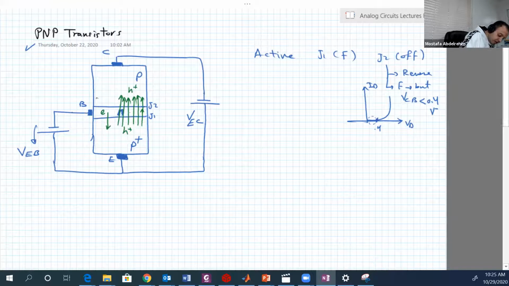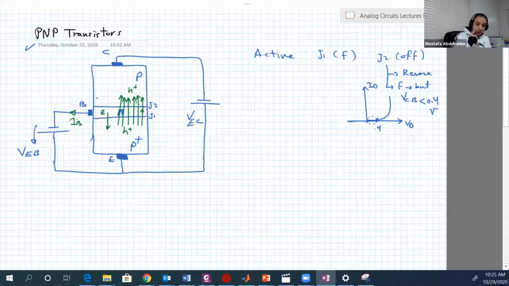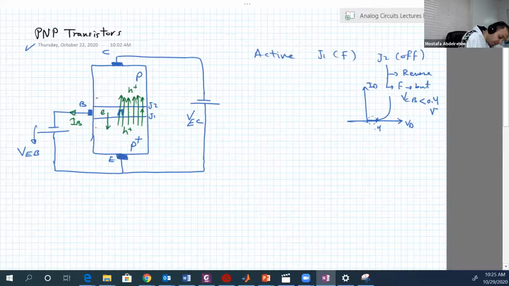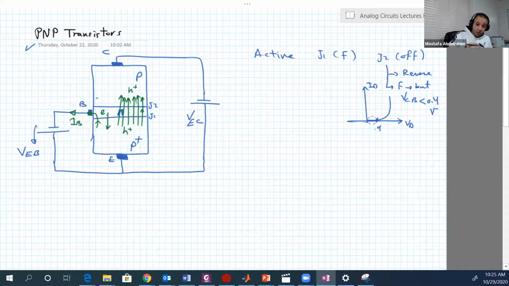So IB is the current that compensates for these electrons. Remember that the direction of the current is opposite to the direction of the electrons. So IB is something like this, flowing in that way, opposite to the electrons which make up this current IB.